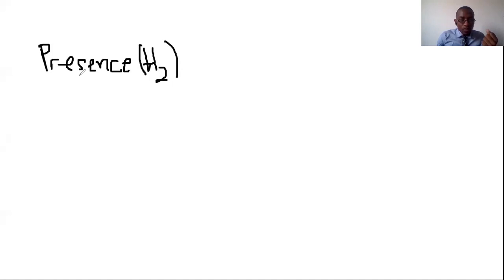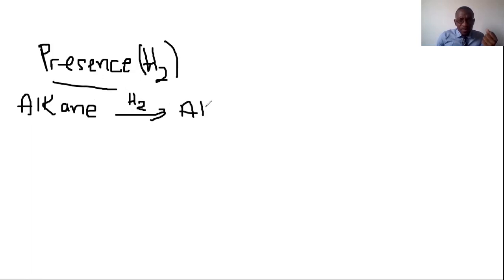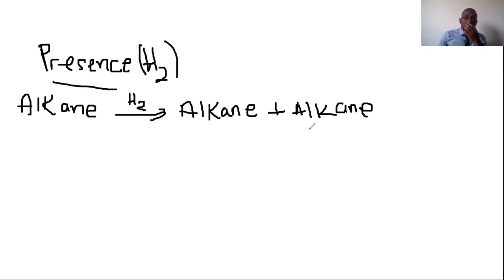Looking at a general equation, when we have an alkane and it undergoes cracking in the presence of hydrogen, we put a hydrogen molecule on top of the arrow, and then we produce an alkane plus an alkane. So cracking in the presence of hydrogen produces alkane and alkane.